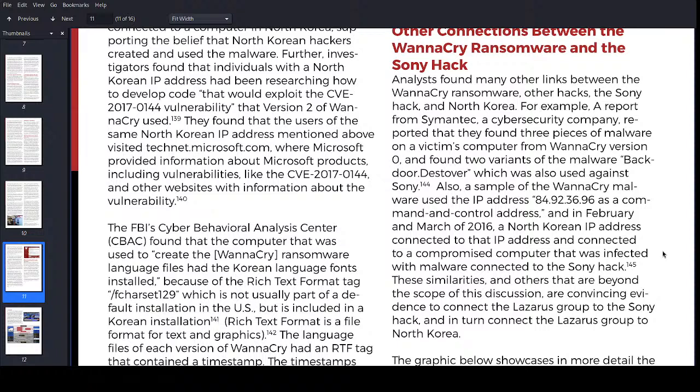And in February or March 2016, a North Korean IP address connected to that IP address and connected to a compromised computer that was infected with malware connected to the Sony hack. These similarities and others, which are beyond the scope of this discussion, are convincing evidence to connect the Lazarus Group to the Sony hack, and in turn connect the Lazarus Group to North Korea.